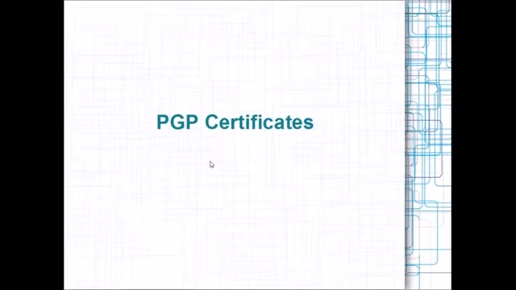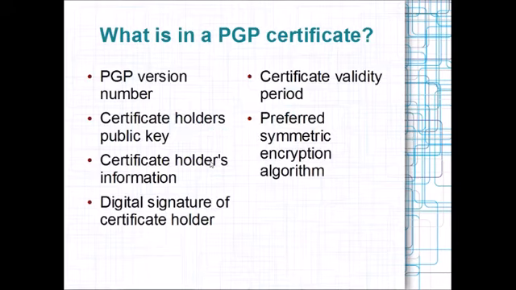Along with this, if the organization has digital certificates, then PGP will create a certificate. Some information that the PGP certificate will have is the version number of PGP, the certificate holder's public key, and the certificate holder's information.